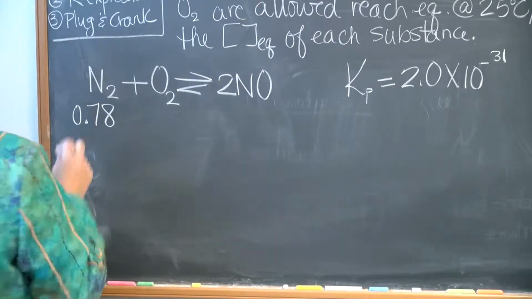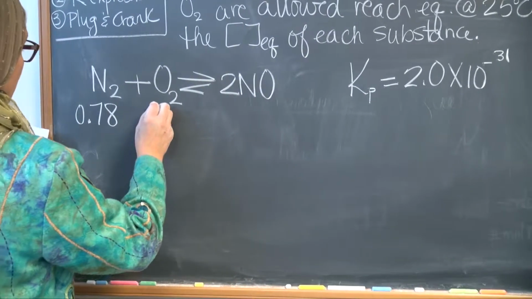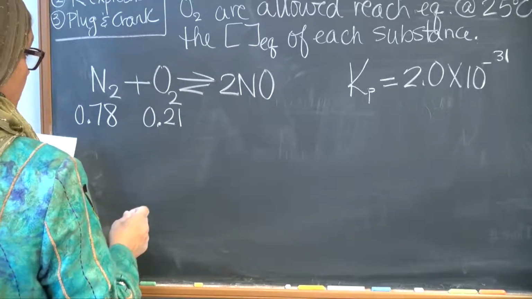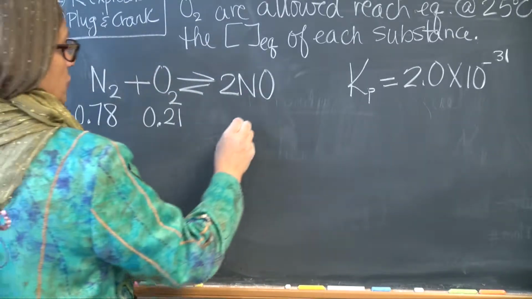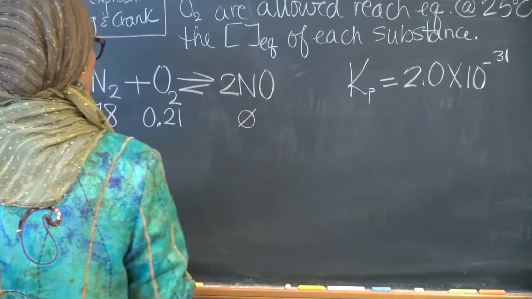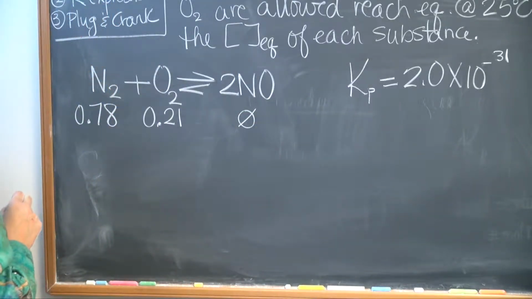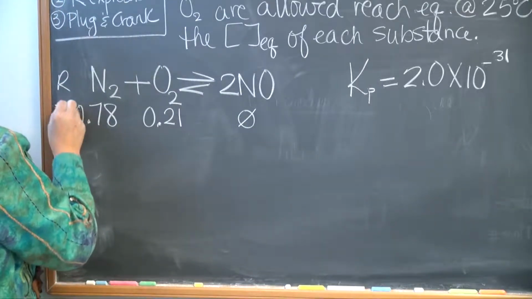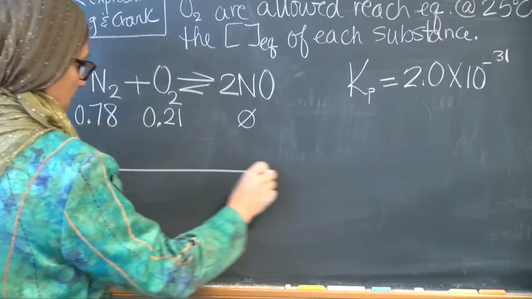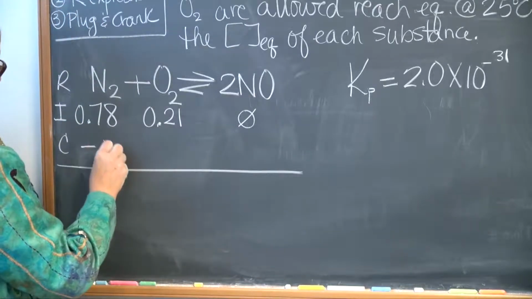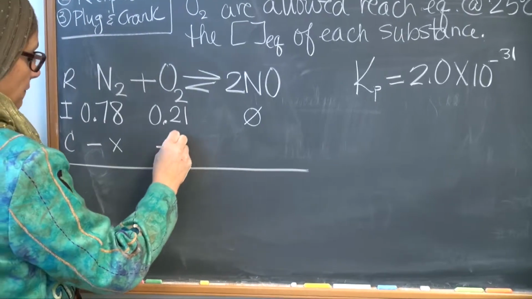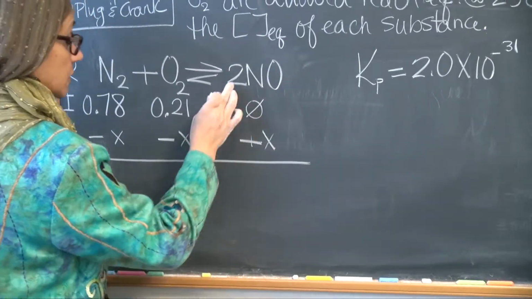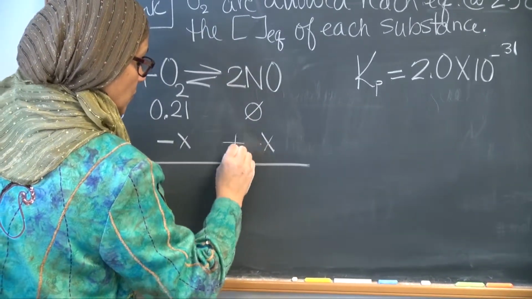All right, so we have 0.78 atmospheres for nitrogen, 0.21 atmospheres for oxygen. We are not given any nitrogen monoxide initially. That means there was none to begin with. And because we are missing a product, then the forward reaction is going to kick in. So we're going to have minus x, minus x, plus 2x.